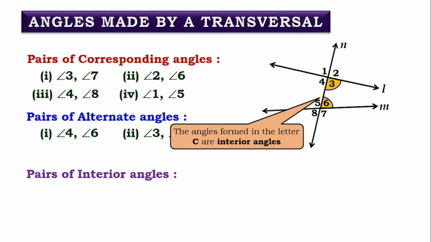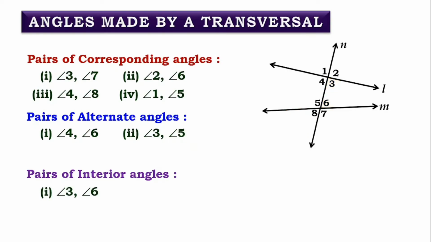So 3 and 6 form a pair of interior angles, and they are supplementary. Now let us see one more pair of interior angles. Again it is sideways alphabet C. 4 and 5 form a pair of interior angles.